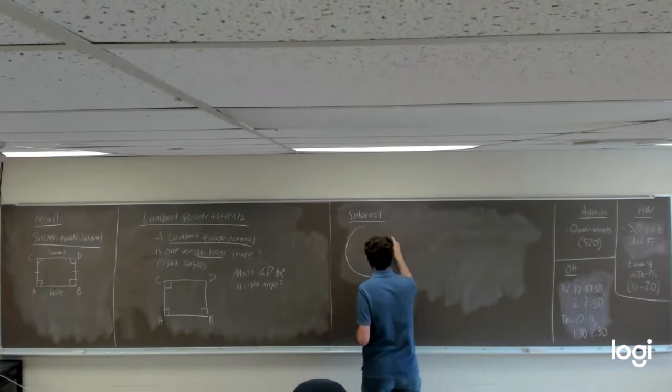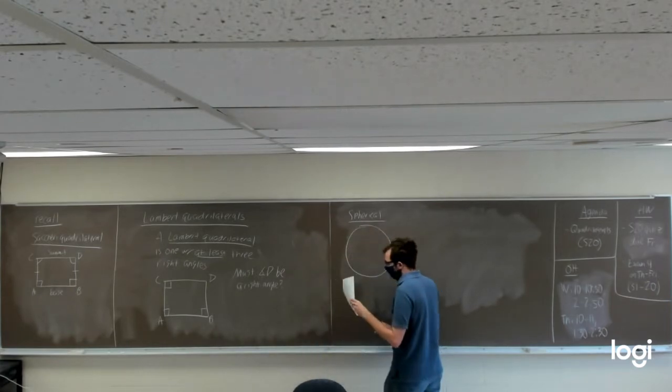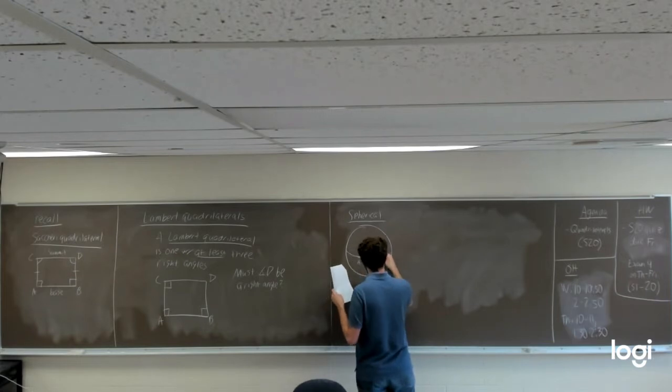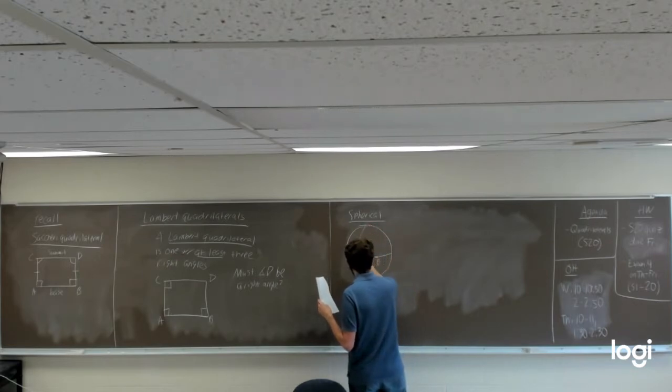So draw a sphere, and we need a quadrilateral with at least three right angles. I'm going to make one of my sides the equator because it's so nice to have. We'll have this point be A, and this point be B. We'll have these longitude lines coming from the North Pole down through A and B, so these are going to be right angles.